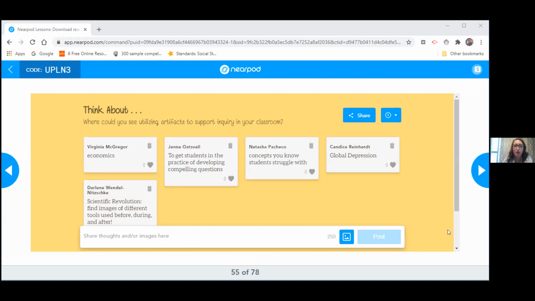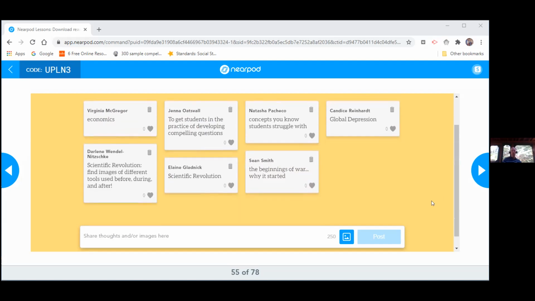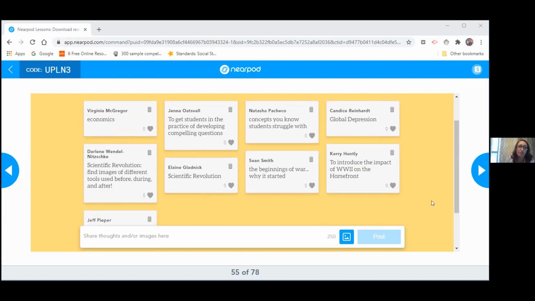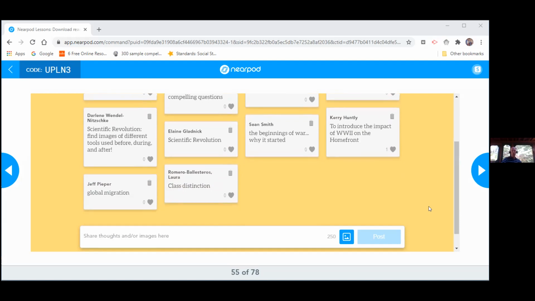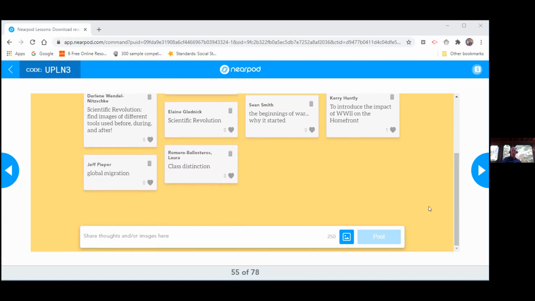So I could see economics and charts of some sort. I like the scientific revolution, using some of those images. Yeah, definitely. I could see that with the industrial revolution too. Different types of inventions and things like that. World War II, the home front, global immigration, migration. Class distinctions, that would be a good one. There's a great one for the French Revolution.